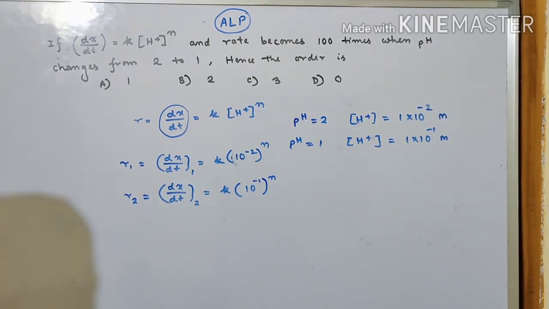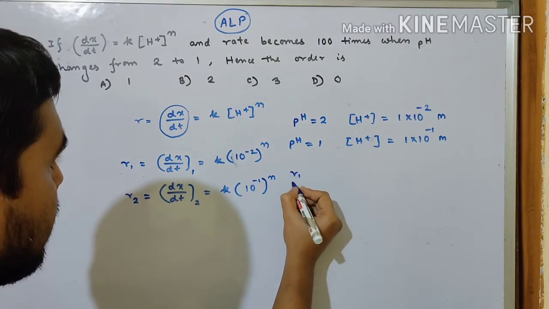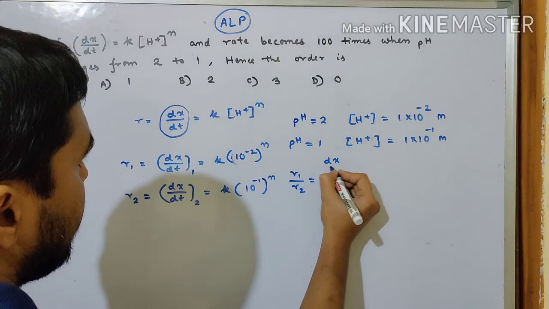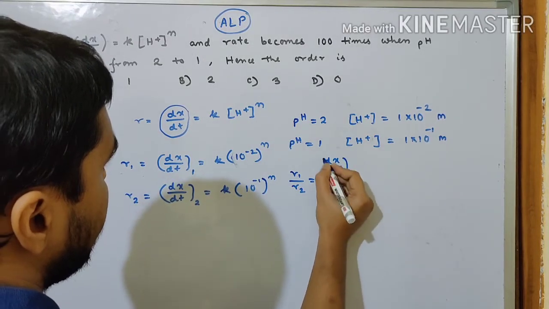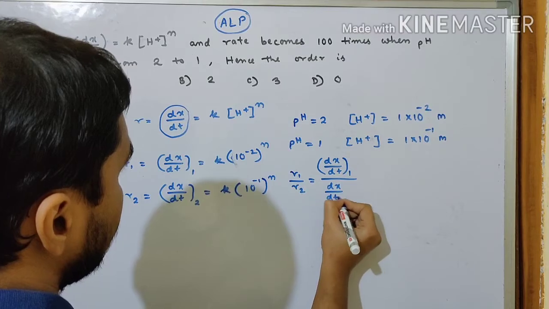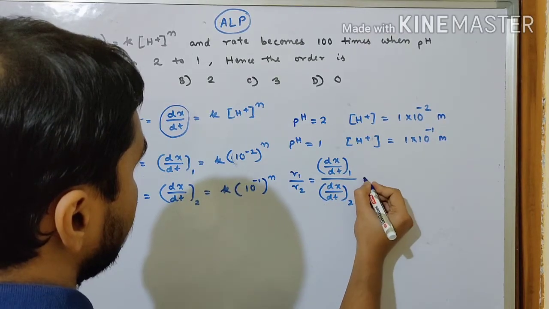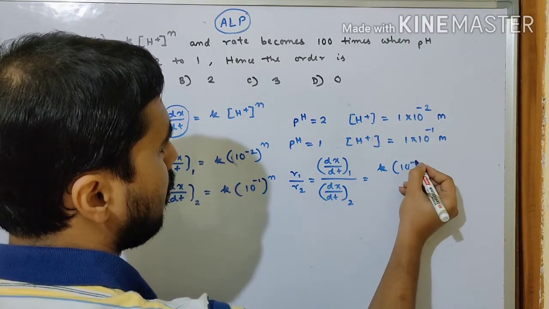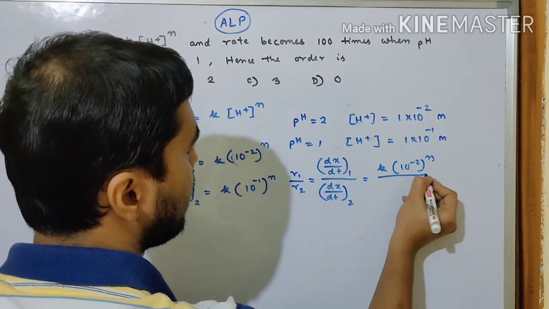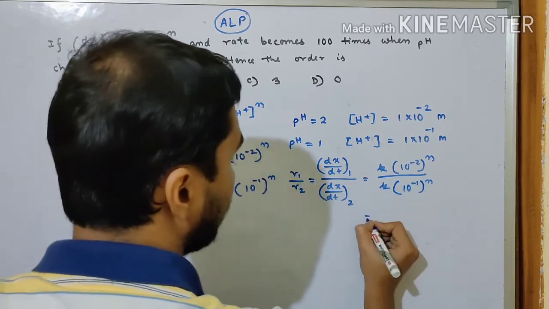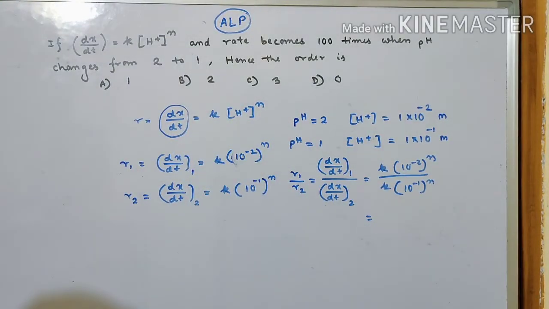Now if we want to make it R1 by R2, I should be writing dx by dt 1 and dx by dt 2 is equal to k into 10 to the power minus 2 to the power n and k into 10 to the power minus 1 to the power n. Now see, it becomes much more simplified, isn't it?